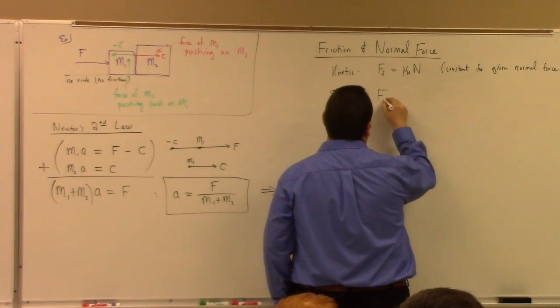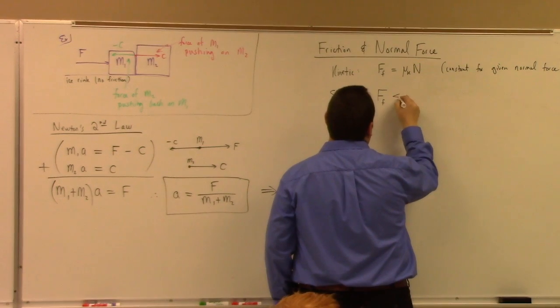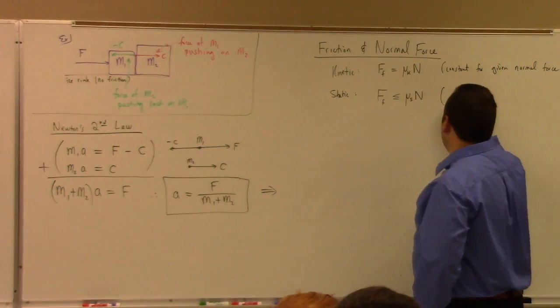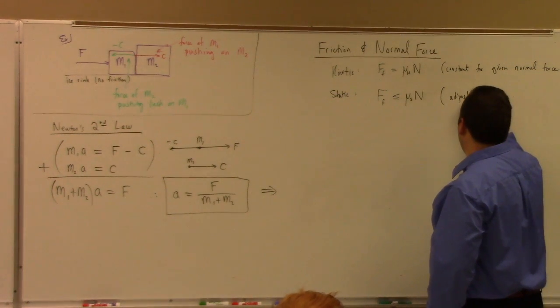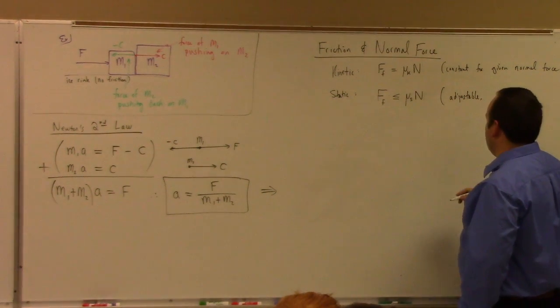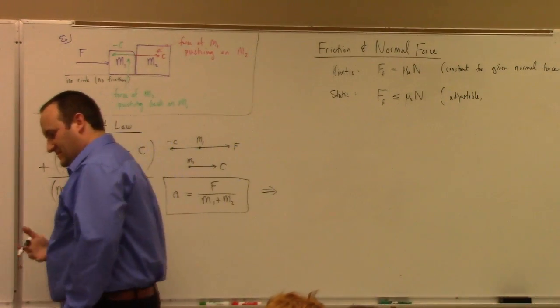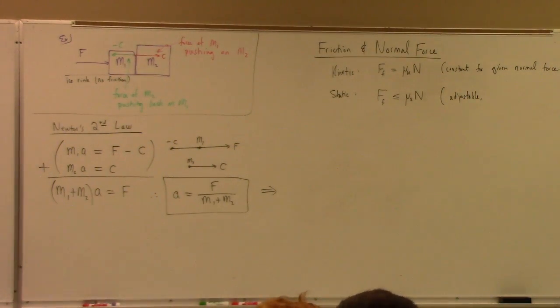So the force of static friction is less than or equal to mu sub s times the normal force. So this is an adjustable thing. It can go from 0 all the way up to some maximum value. Let me illustrate.